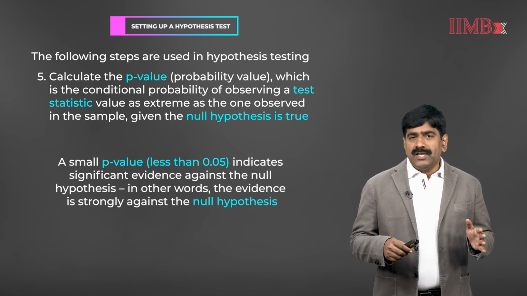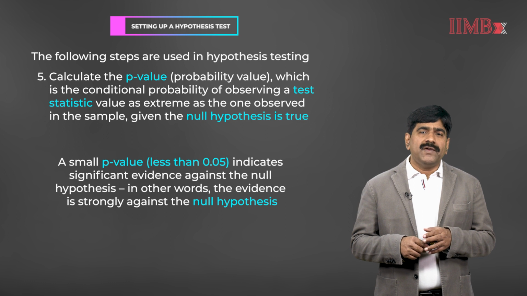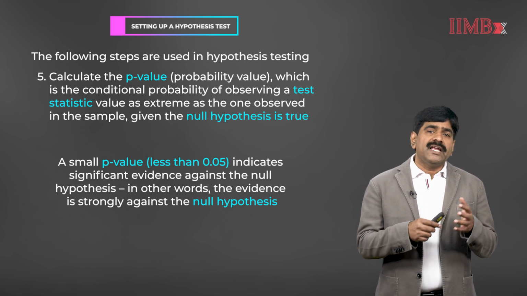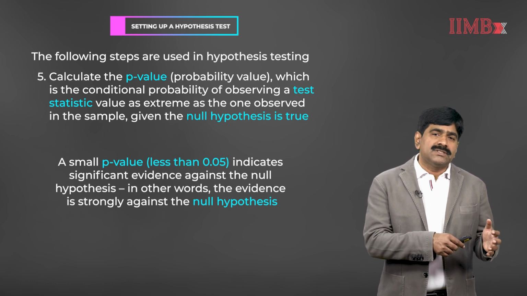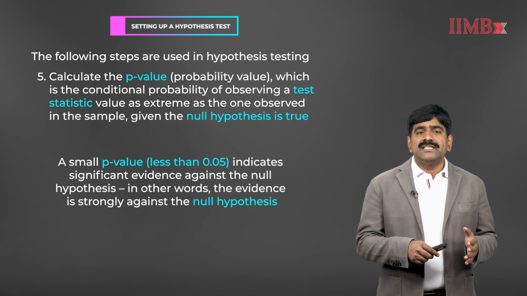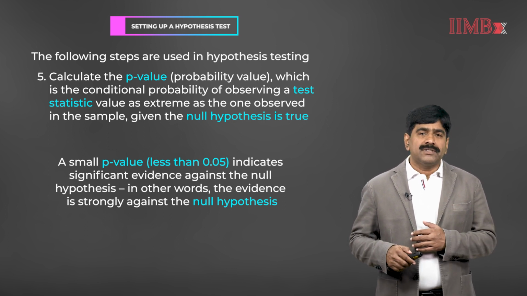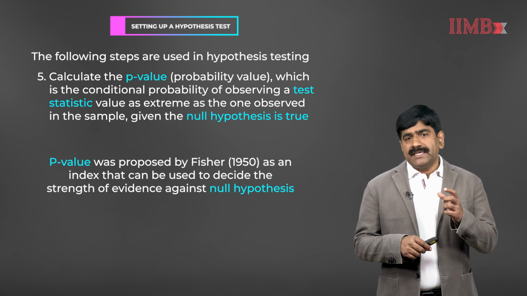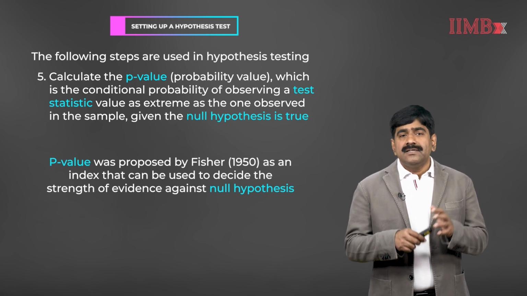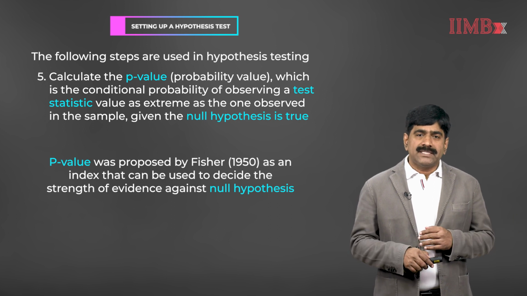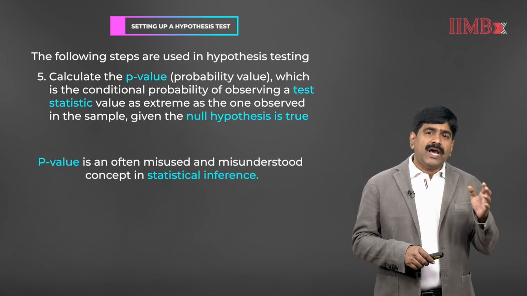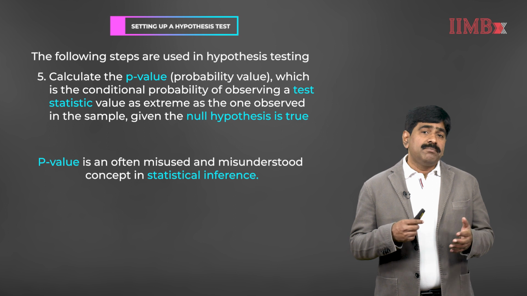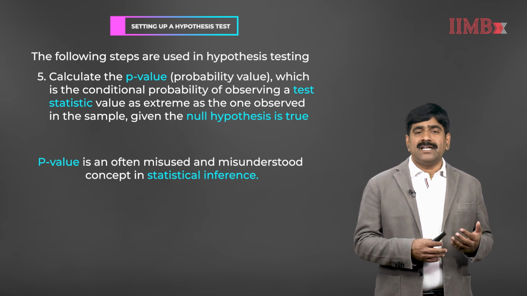A small p-value, say less than 0.05, indicates significant evidence against the null hypothesis. In other words, the evidence is strongly against null hypothesis. P-value was proposed by Fisher as an index that can be used to decide the strength of evidence against null hypothesis. P-value is often a misused and misunderstood concept in statistical inference.